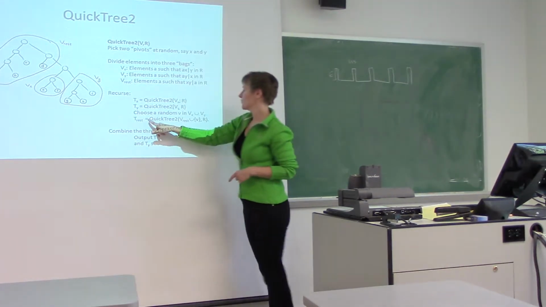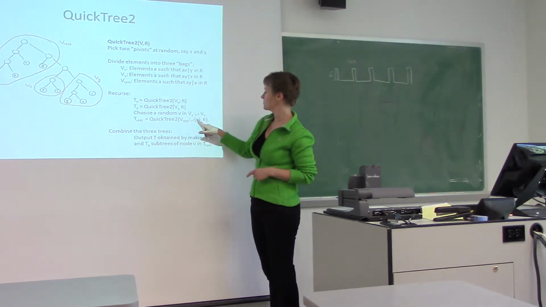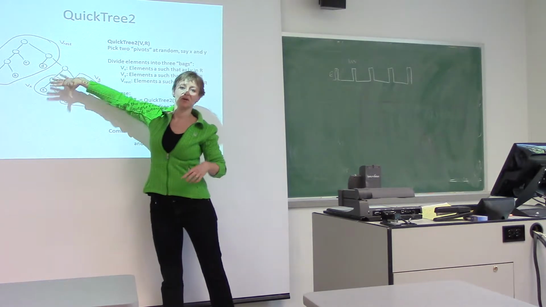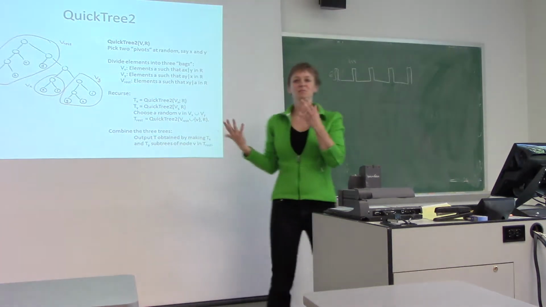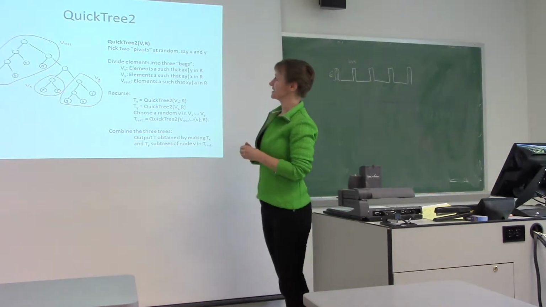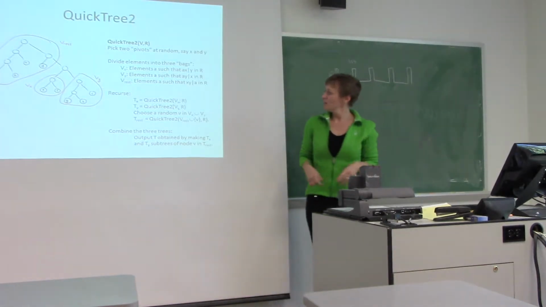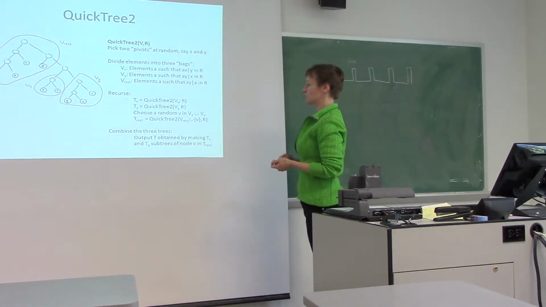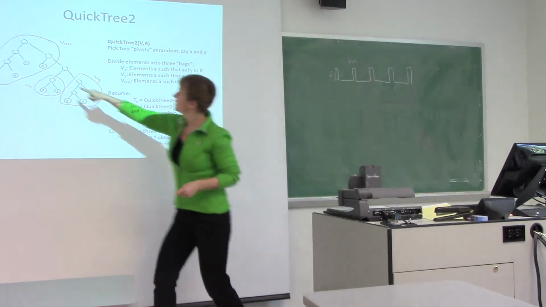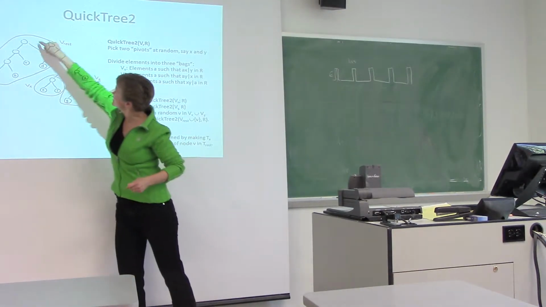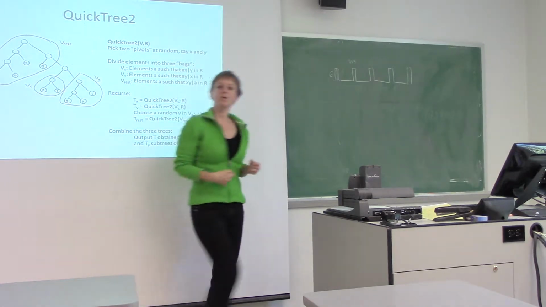So when we recurse on the rest, we recurse on the rest plus one node that basically represents everything in here. That's why I say the algorithm is a little bit more complicated. It's not as clean as the other quick tree algorithm, which is really nice and clean. We recurse on them, and then we combine the three trees. We output the tree T that we obtain by putting the tree that we find here, the tree that we find here, and attaching it to this tree wherever V was in that tree.